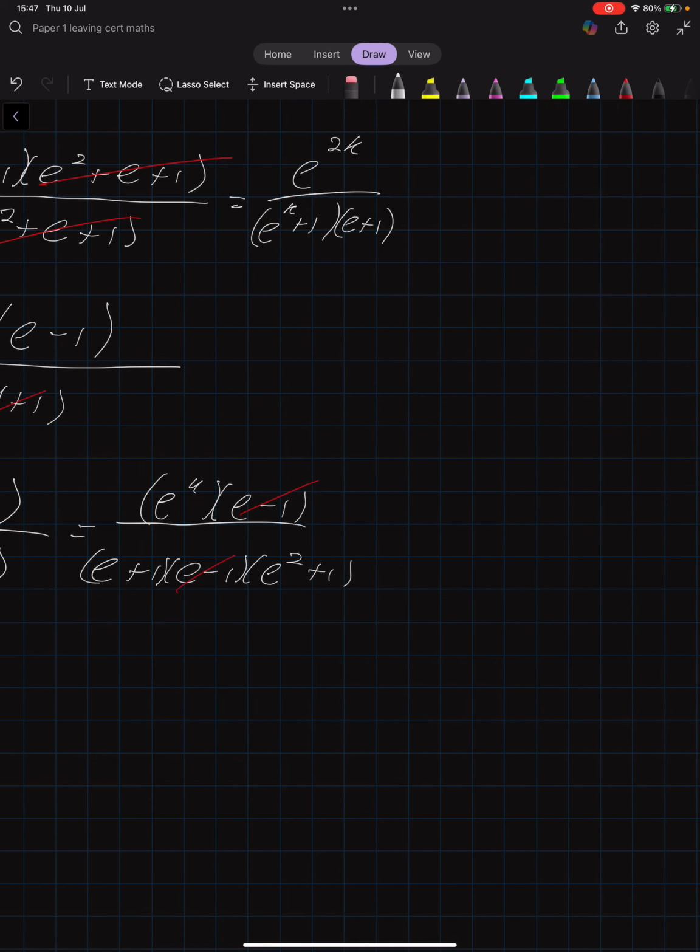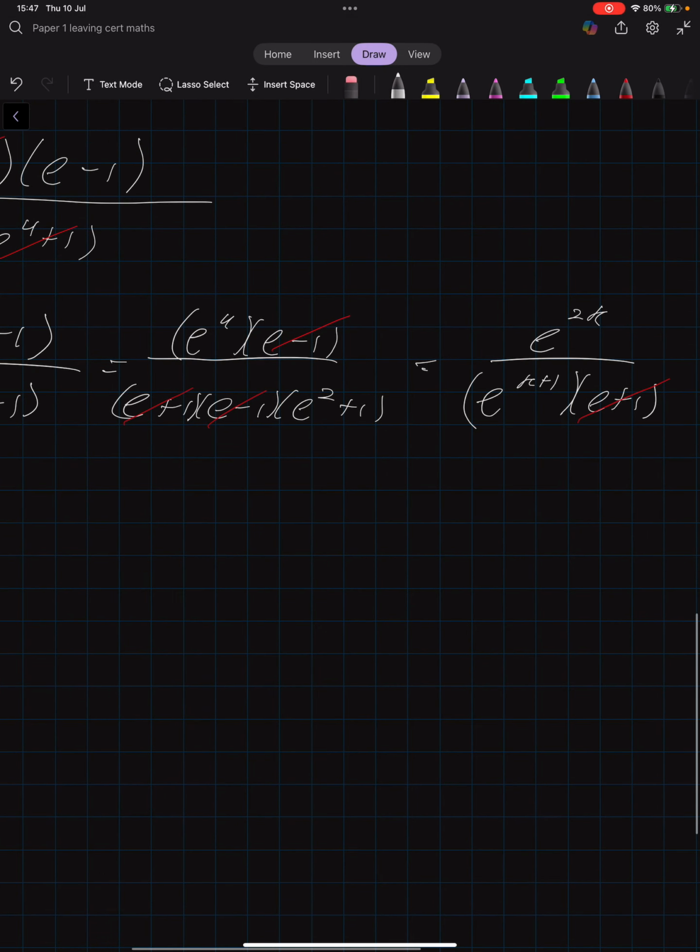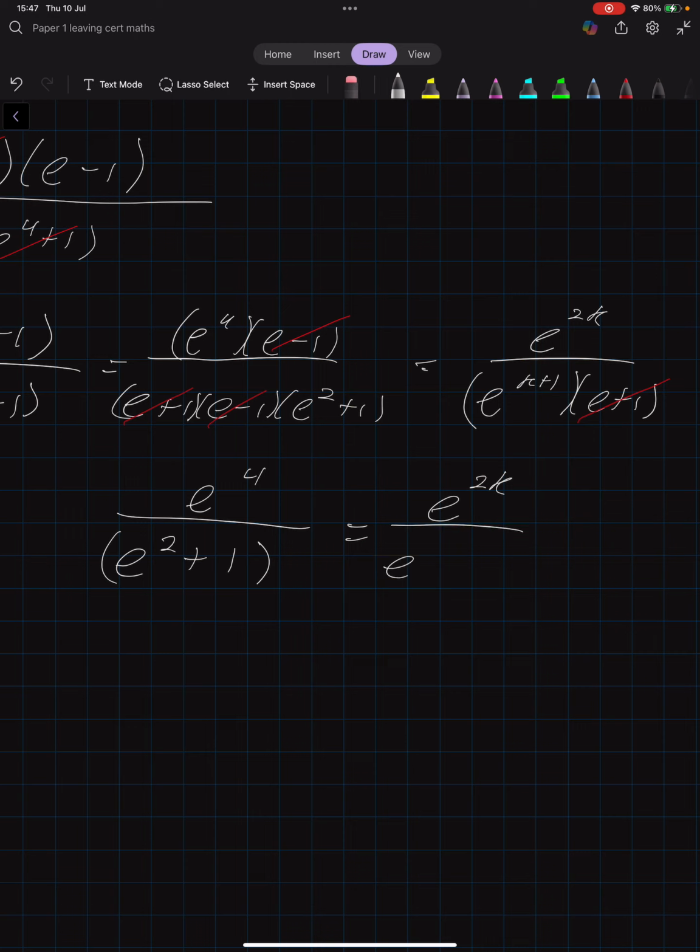And this is equal to e to the 2k over e to the k plus 1, e plus 1. So now both sides are divided by e plus 1, so I can simply get rid of them. Okay? So I'm left with e to the 4 all over e to the 2 plus 1 is equal to e to the 2k all over e to the k plus 1.